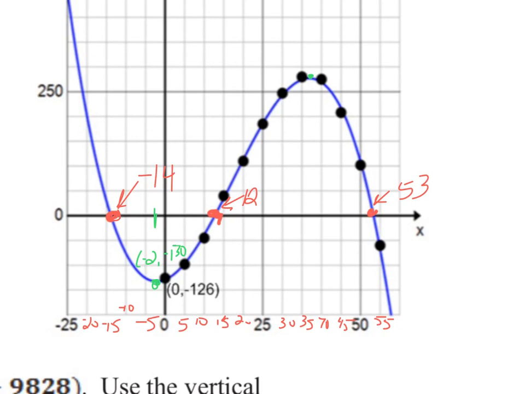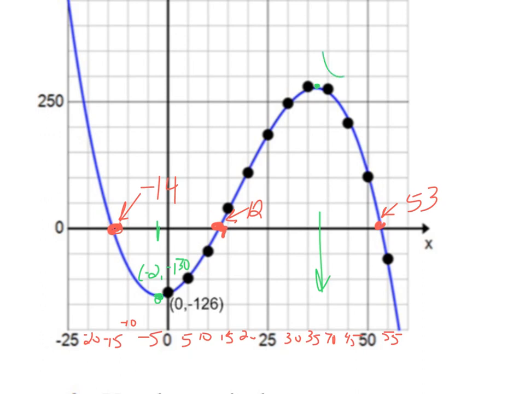And then my max is right here, and that's between 35 and 40 down there. So I put 37, comma. The y-axis counts by 50s, so 50, 100, 150, 200, 250, 300.